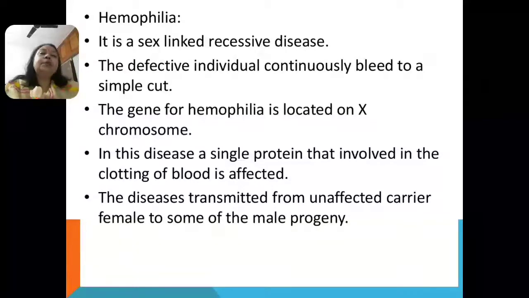After getting a very simple cut, there is no blood coagulation. The gene for hemophilia is located on the X chromosome. In this disease, a single protein involved in the clotting of blood is affected. This disease is transmitted from an unaffected carrier female to some of the male progeny.